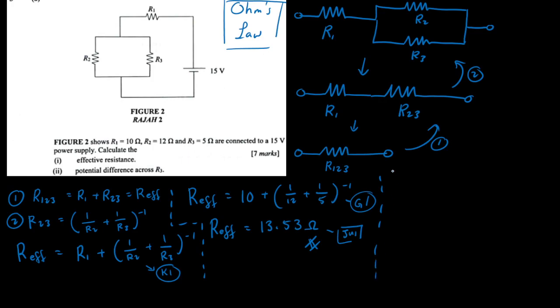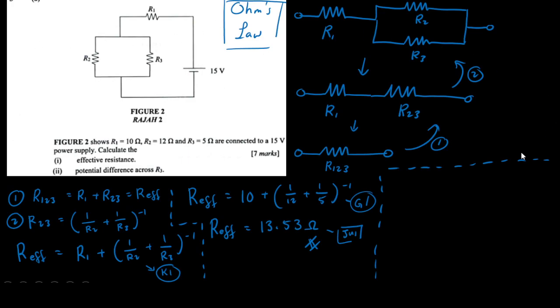That what you do must have units. If you don't, it's not physics, it's math. Okay? So you will get your mark once you have all three of these, which is the equation for effective resistance, the substitution for the values, as well as the final answer with the correct units.